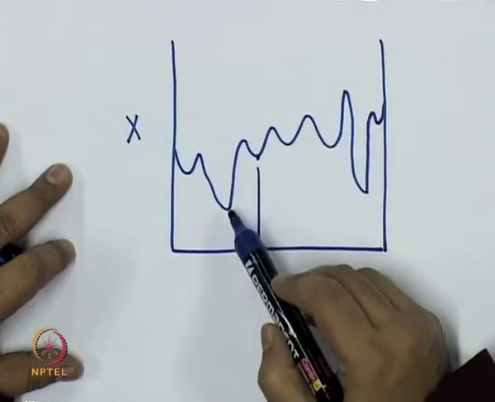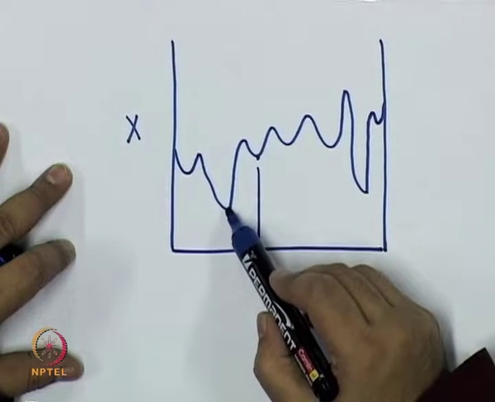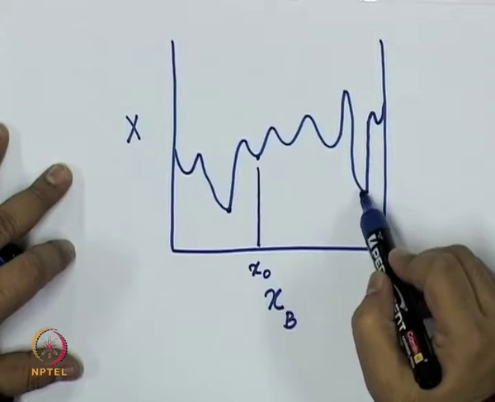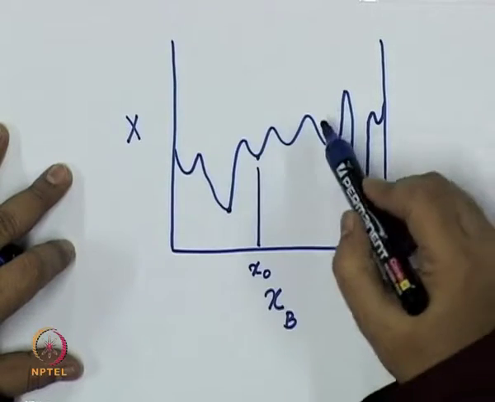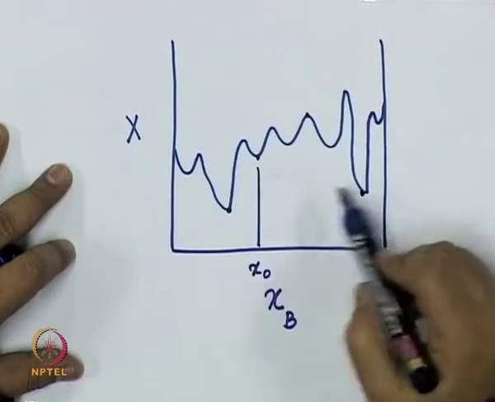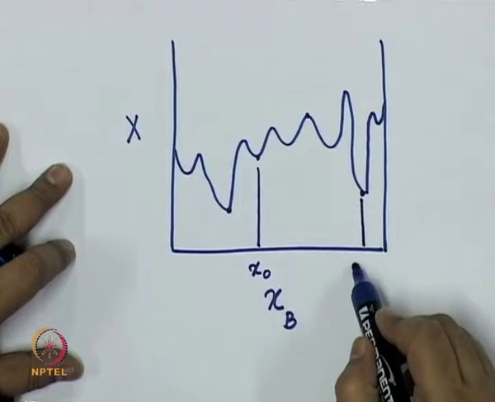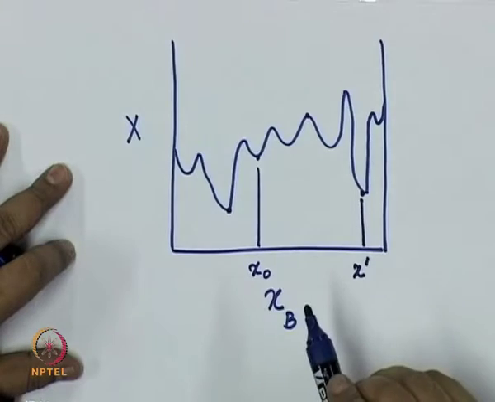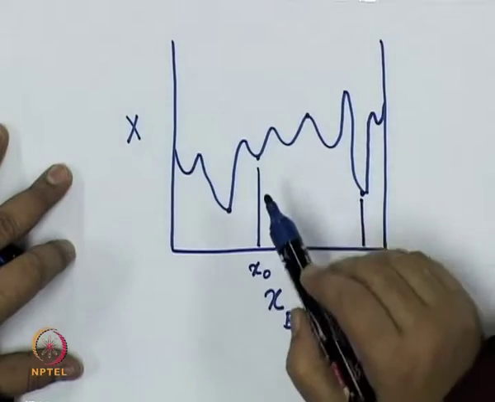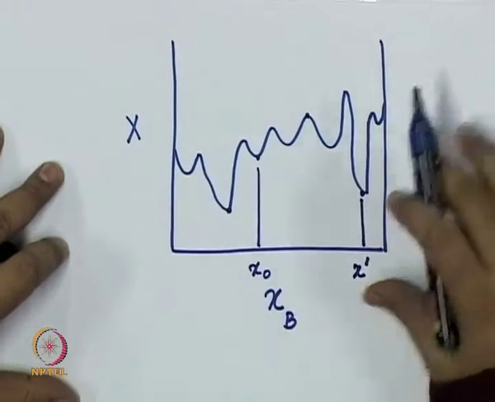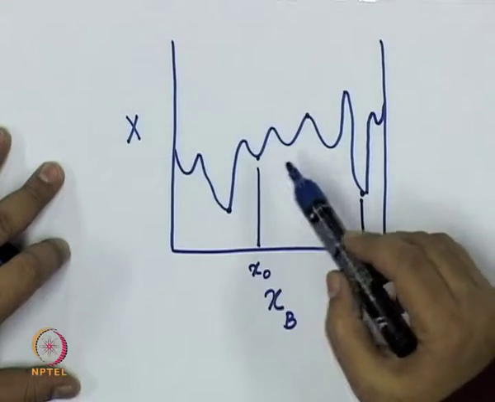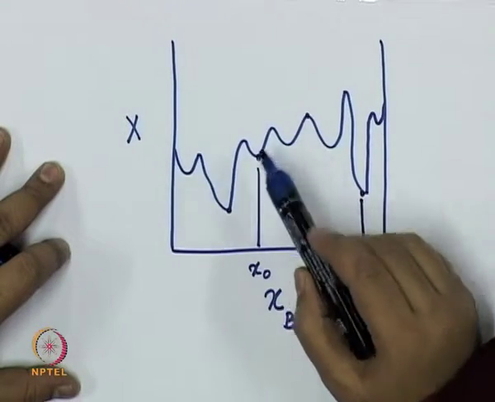Let us say that that is some composition here, for example, or some composition here, for example. Okay. So, let us consider this and let us call this composition as x prime, for example. Okay. So, this derivation is again from the article of Hilliard. So, we are going to start from this point.